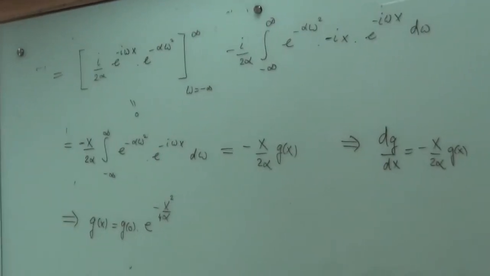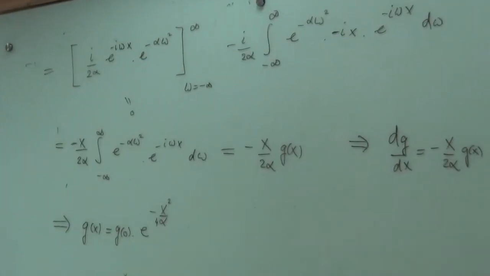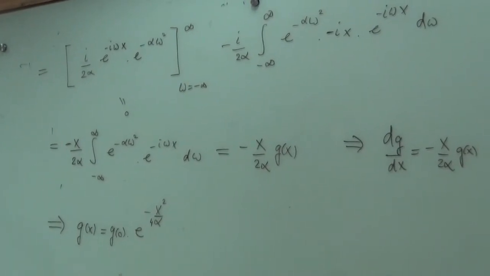You have to take the derivative of x squared, that's a half x squared, so that's 4 alpha. Okay.